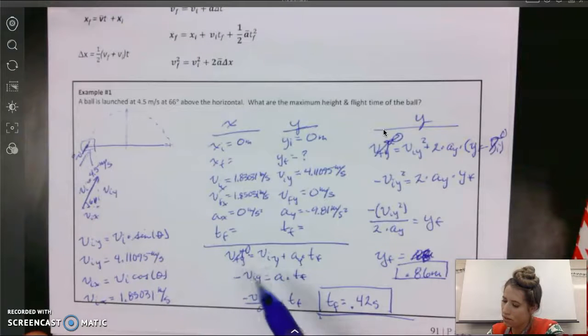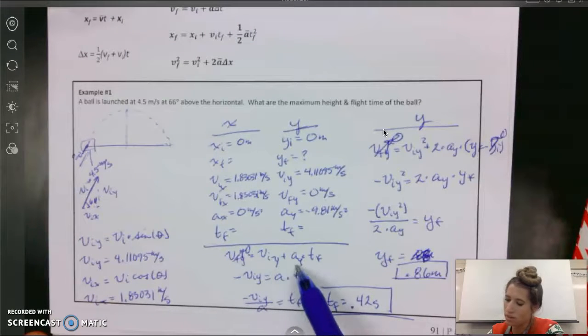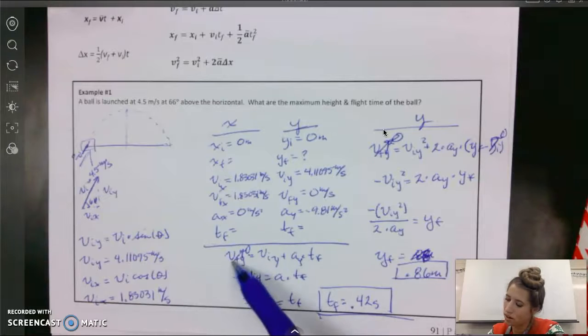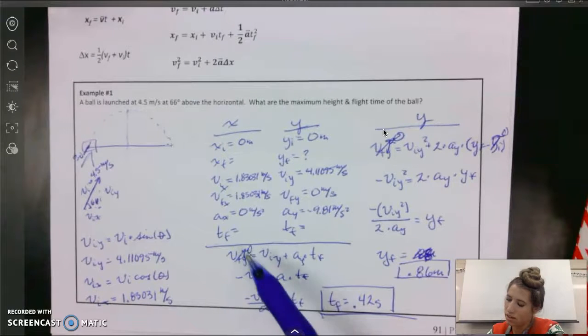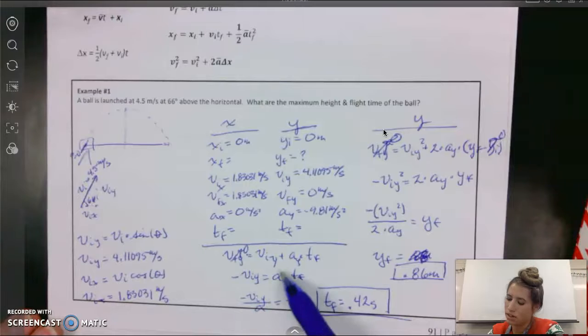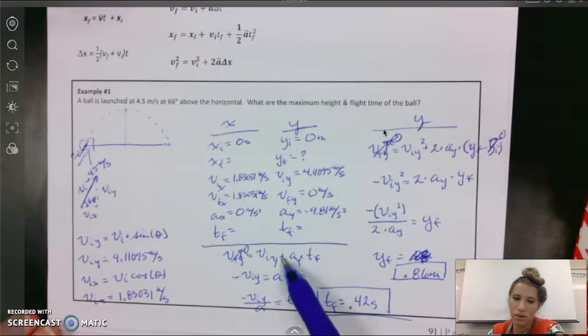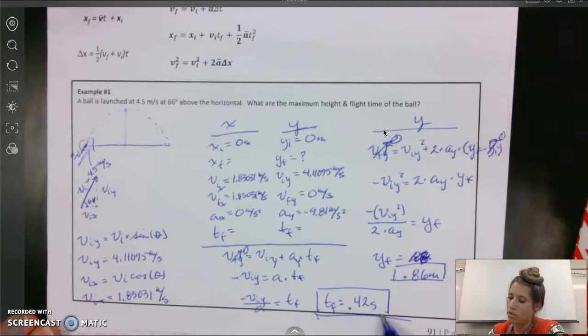So velocity final equals velocity initial plus acceleration multiplied by time final. So our final velocity in the y is 0, and we had some initial plus the acceleration of y multiplied by time final. So I rearranged this equation to solve for time, and I got 0.42 seconds.